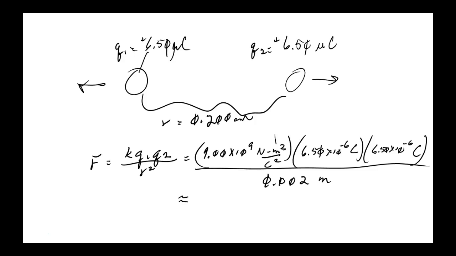Sorry, I was going the wrong way. 9 EXP or EE 9 times 6.5 EE or EXP negative 6 times 6.5 EE or EXP negative 6 divided by 0.002.